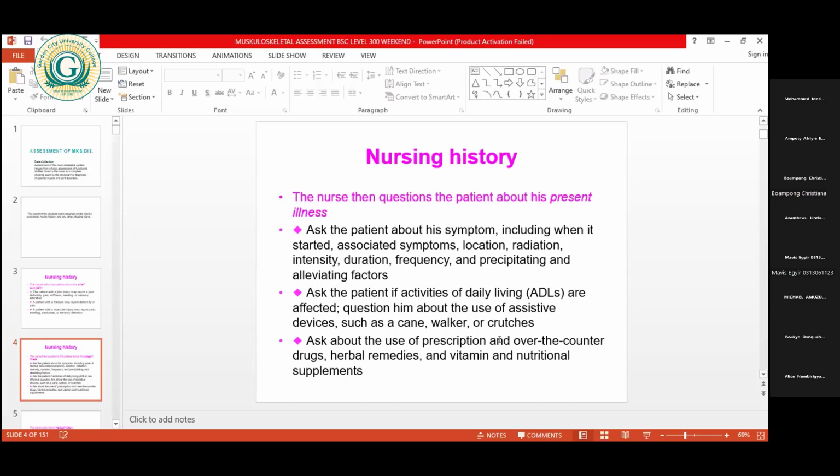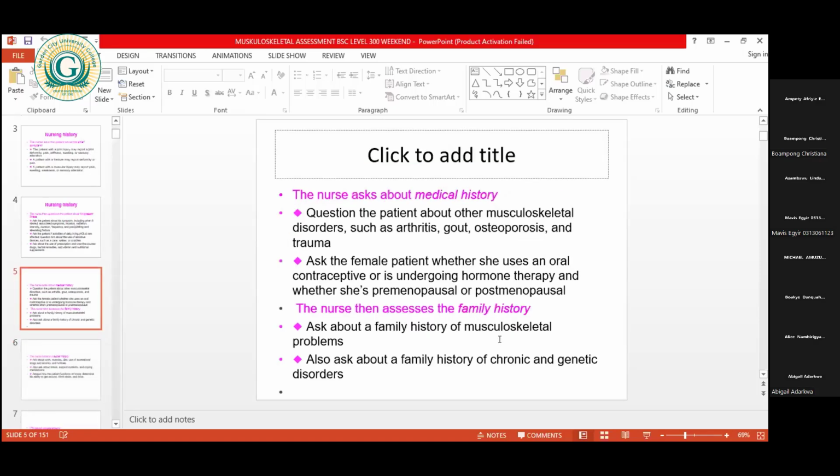So when the condition occurs, when the pain comes, where do you seek remedy? Do you take nutritional supplements? So you are still asking about the medical history.